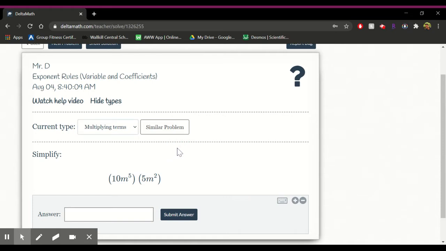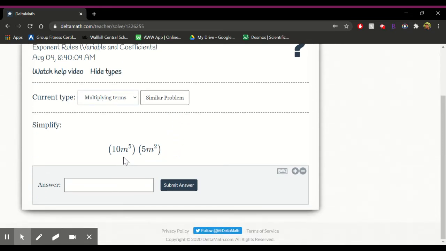So when we are multiplying terms with the same base, with the same variable, we take the numbers out in front and multiply them, keep the base, and add the exponents. So in this one, 10 times 5, so you're multiplying the numbers out in front, which is 50.